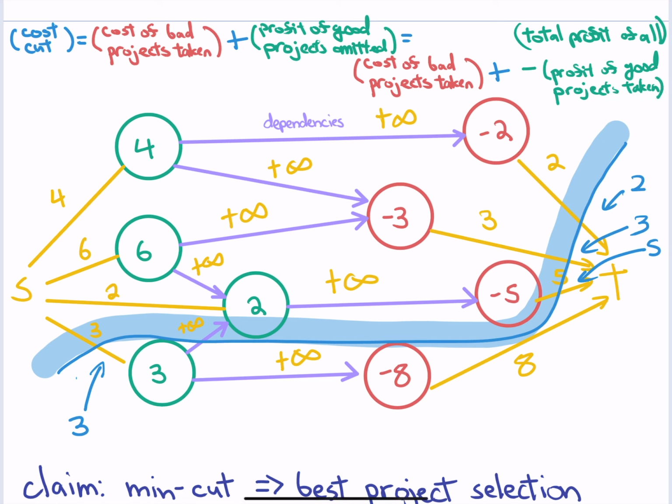So all I'm saying is that 3 is equal to 4 plus 6 plus 2 plus 3 minus 4 plus 6 plus 2.